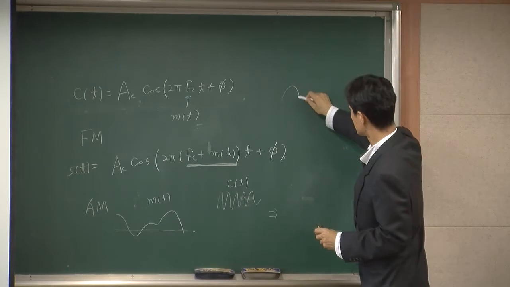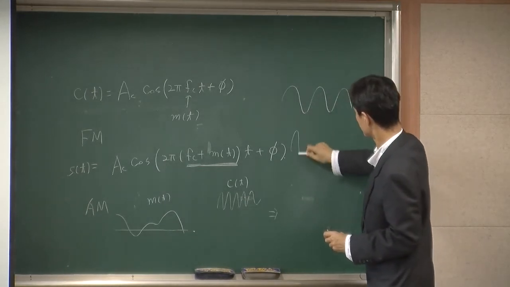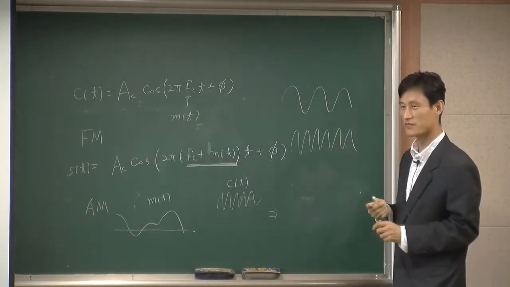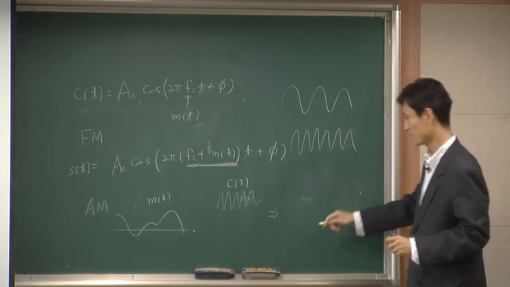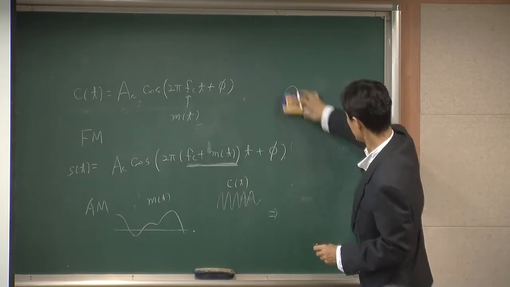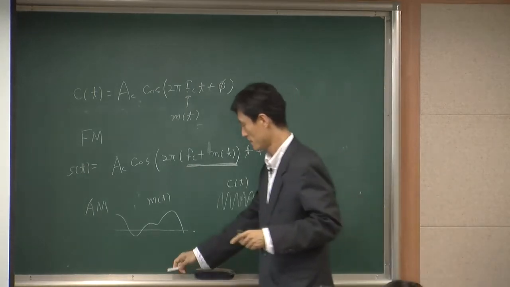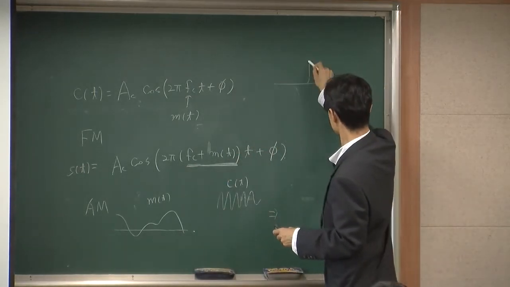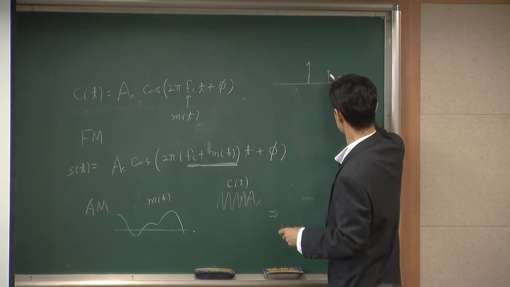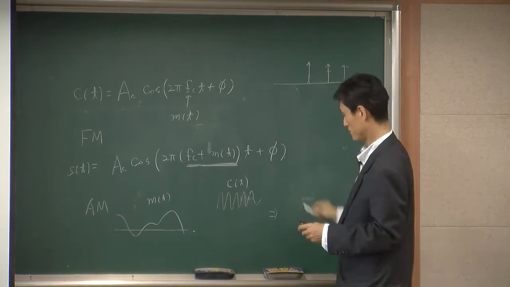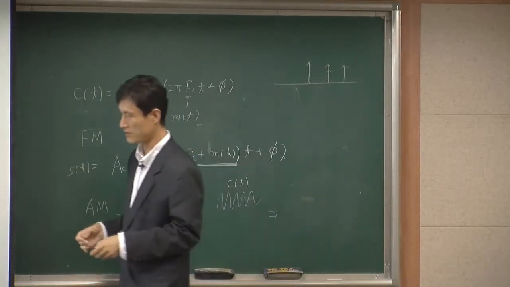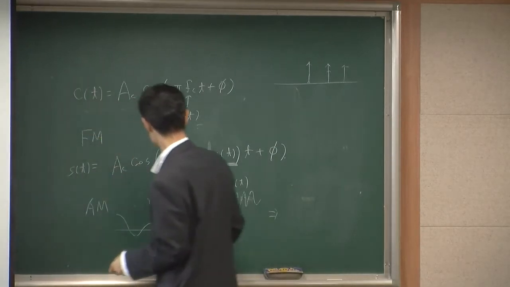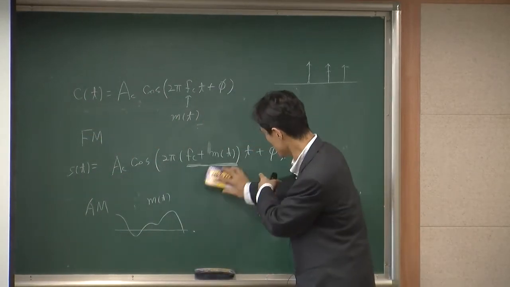Now the question: which one has a higher frequency? This is a higher frequency, right? Of course. So when you look at the frequency modulation, now frequency is changing depending on your message. I'll show you later.